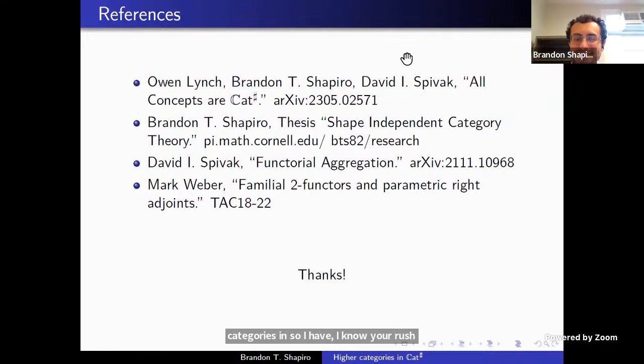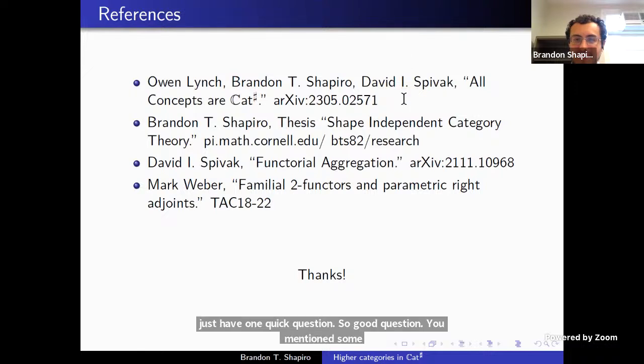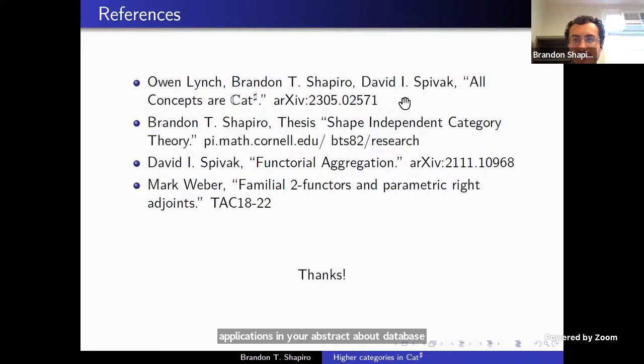Yeah. Quick question. You mentioned some applications in your abstract about database theory, effects handlers, and open dynamical systems. Can you say a one-liner or something about how higher categories apply to some of these applications? Yeah, so the connection there is that those are other applications of cache-sharp. And you can find all of them in this first paper.